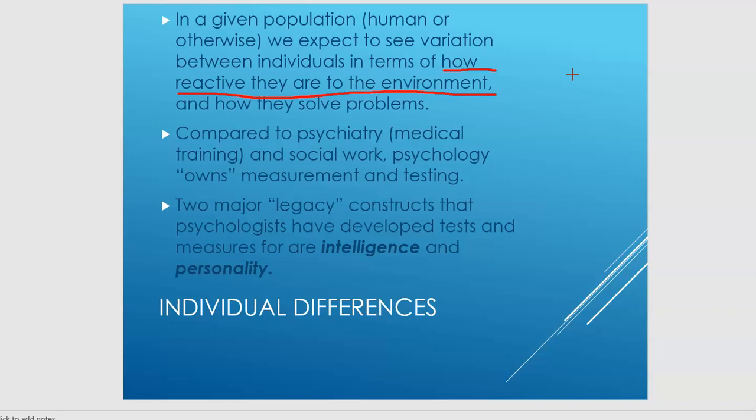And so a big way of how to think about the five-factor model is how are we different in terms of our sensitivities to reward and punishment, but also how we solve problems.